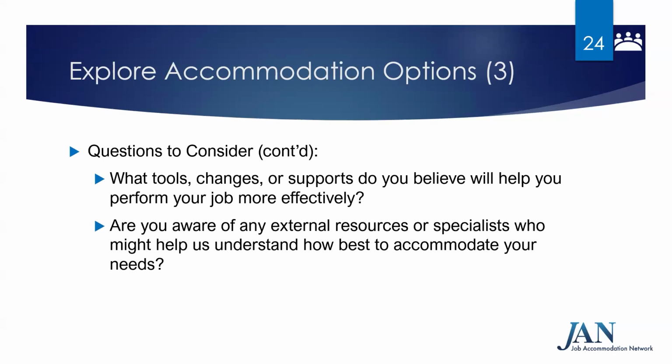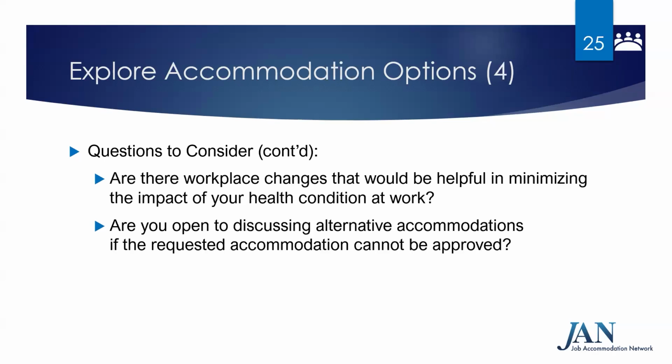So that could also get you on a path to finding effective solutions. Now, as you're exploring and considering workplace adjustments, I think it's important to consider changes that anyone could request, like workplace flexibility, like Lisa was mentioning earlier, changes to the work environment, like adjusting temperature or lighting.